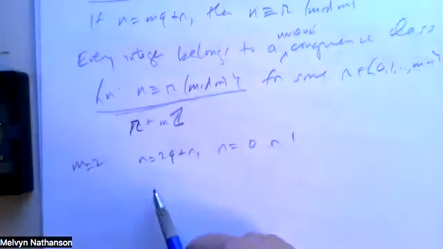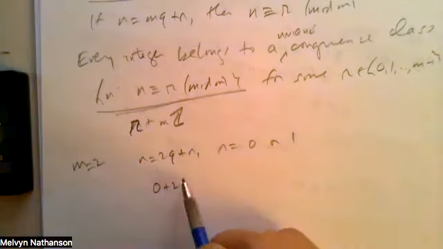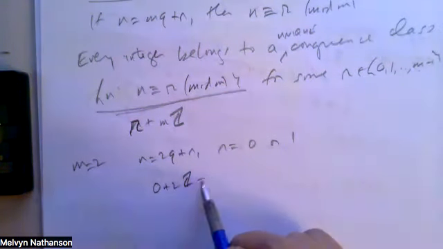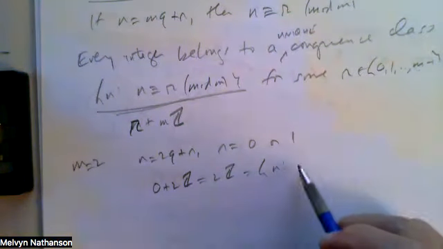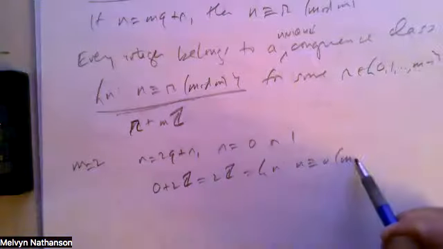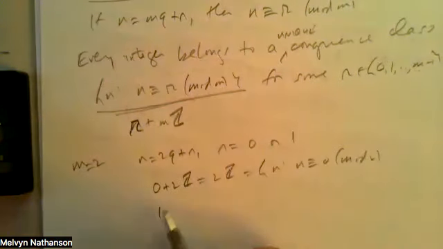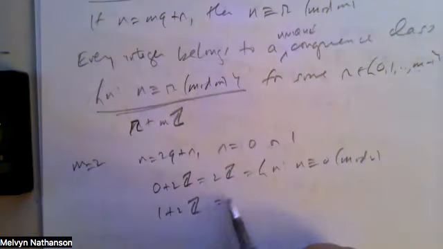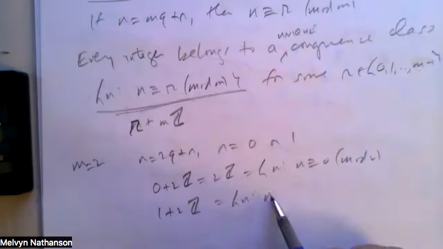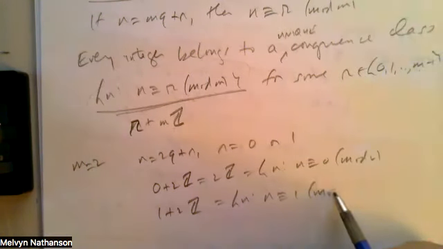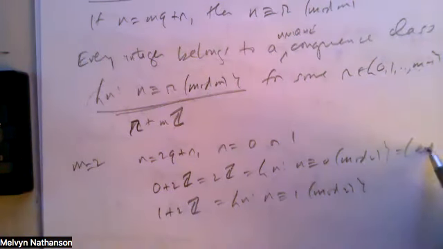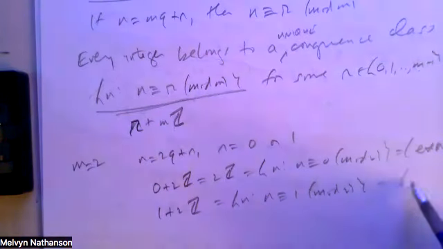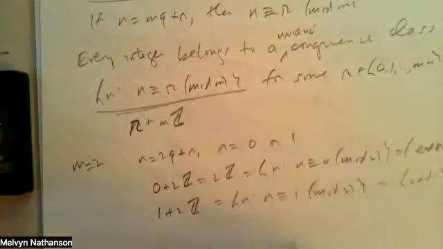So 0 plus 2Z, which we just write as 2Z, is all numbers n congruent to 0 mod 2. 1 plus 2Z is all numbers n such that n is congruent to 1 mod 2. This is the even numbers, and these are the odds, the set of odd numbers.